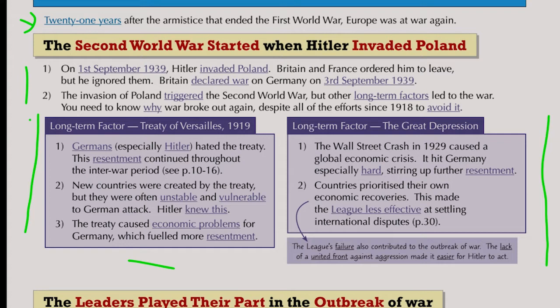This made the League less effective. When we talk about the League, we say the League of Nations. This made the League less effective at settling international disputes. Remember, we have already studied that. One of the reasons the League of Nations was created was to try to negotiate and keep peace between the countries, and to handle the disputes that might happen at that time.